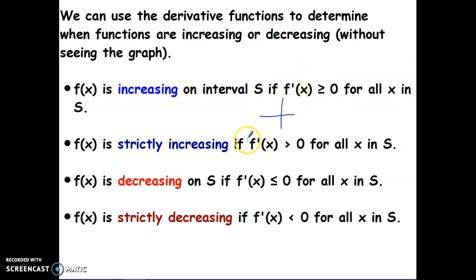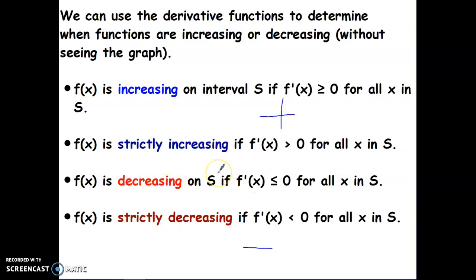So the sign generally when it's increasing, we're actually focusing more on this strictly increasing, is going to be positive. And then for decreasing and strictly decreasing, the sign there is going to be negative. And again, we're going to focus more on the strictly decreasing. We will have very few where it levels off and becomes horizontal.